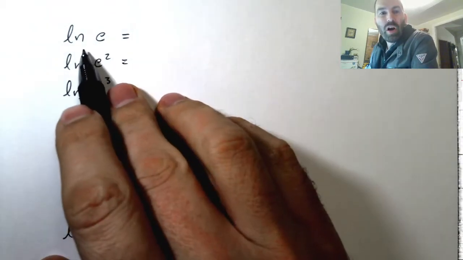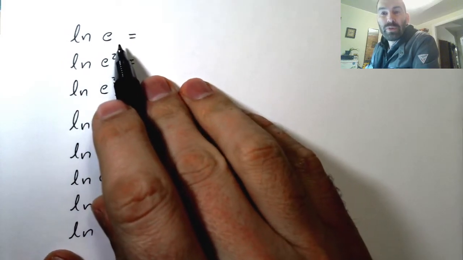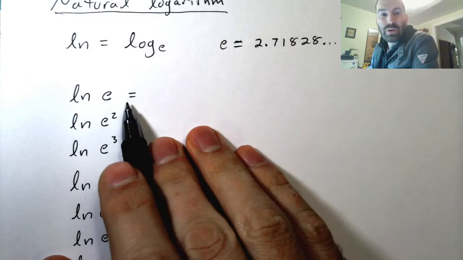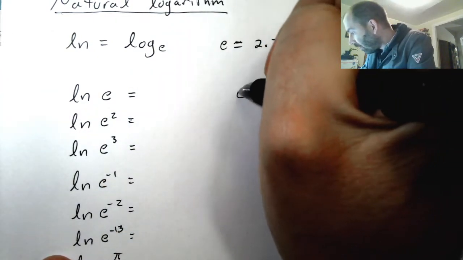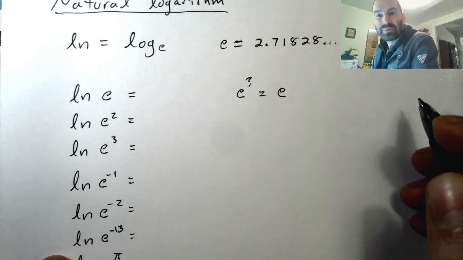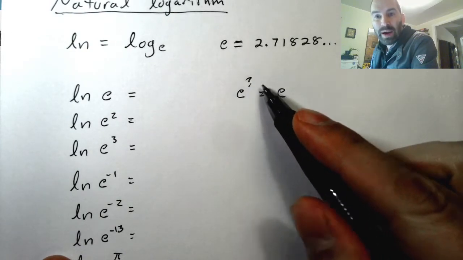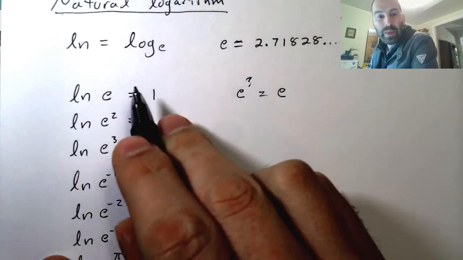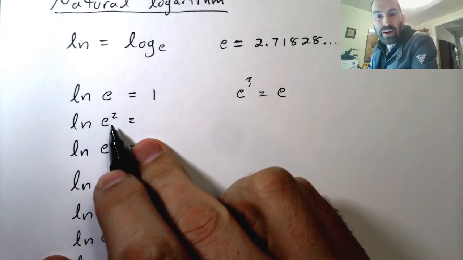All right. What's log base e? Well, sorry, log of e, the natural logarithm of e. Well, remember, this is log base e, right? So this is asking e to the what equals e? Well, anything raised to the 1 power is itself, so that must be 1. Okay, what about natural log of e squared?